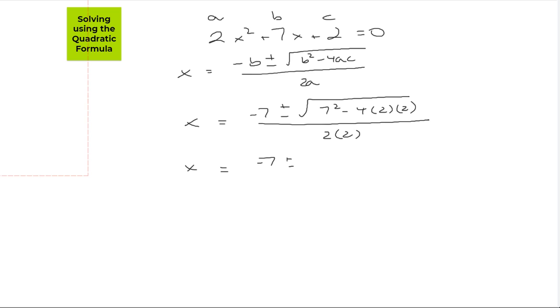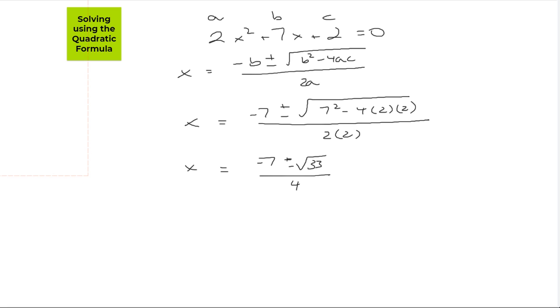Now, under here, this is 49, and 4 times 2 times 2 is 16. 49 minus 16 is 33. So I have -7 plus or minus the square root of 33 over 4. And that is as simplified as I can get it because the root 33 can't be simplified. We learned about simplifying radicals, and there's nothing I can do with this root 33. So that's going to stay like that.